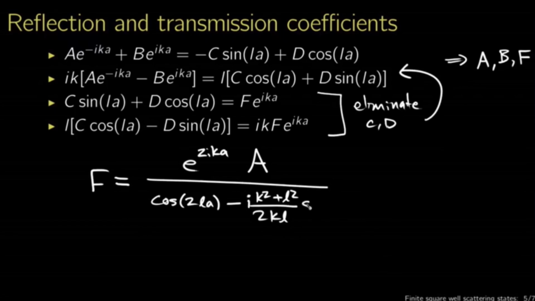And this term is multiplied by sine of 2La. So this is what you would get from solving the system of equations, and it gives you F in terms of A.